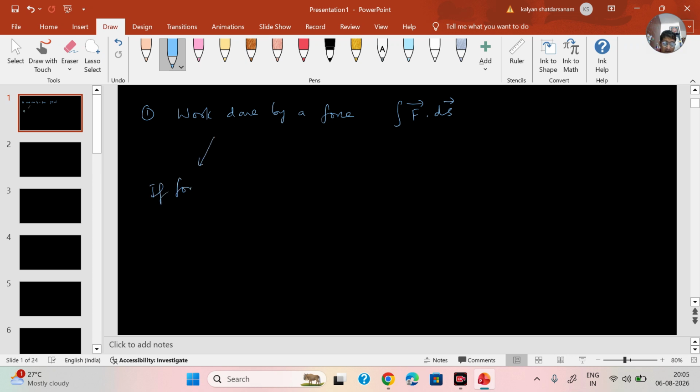If force is constant, then work done by that force is f dot s net. You take the net displacement and dot it with the force. There is also another case where if f is perpendicular to ds always, at every moment, then work done by such a force is zero.